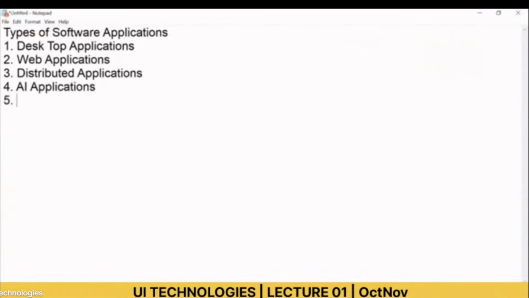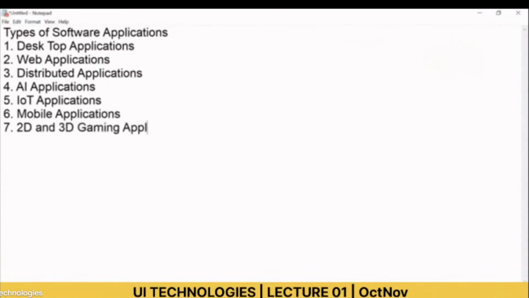And we have IoT applications. We have mobile applications. And we have 2D and 3D gaming applications. That means in software technologies, you can make your career into any of these. You have a wide range of choices. As a software developer, you will be working with any of these types of applications.